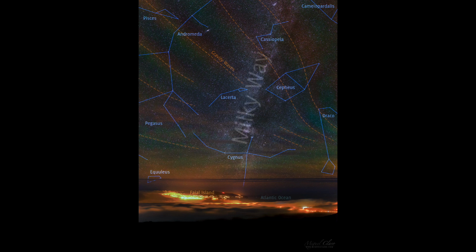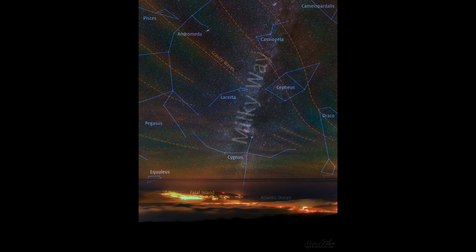Now we can see that this is labeled, so we can see the various regions that we're looking at, and this is a part of the northern sky. So we see some of the very far north constellations, such as Cassiopeia and Draco, off to the right-hand side.